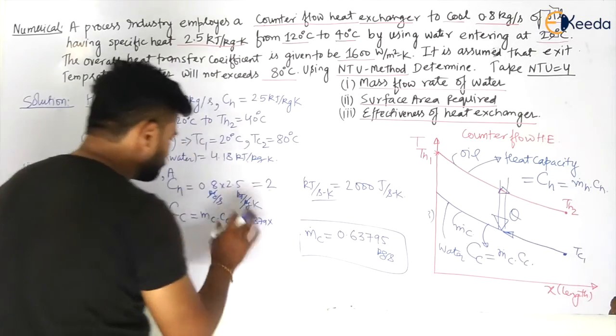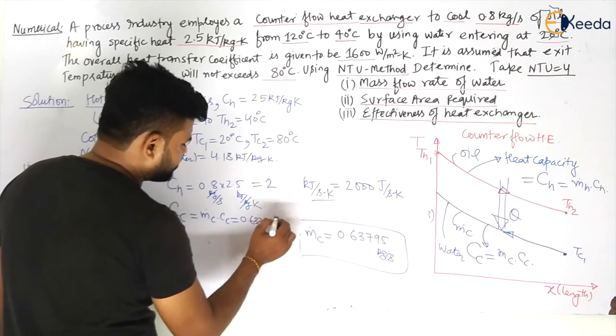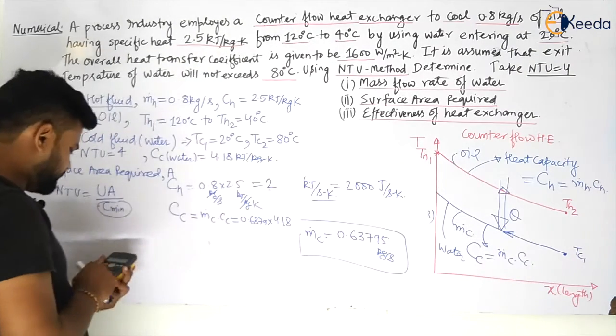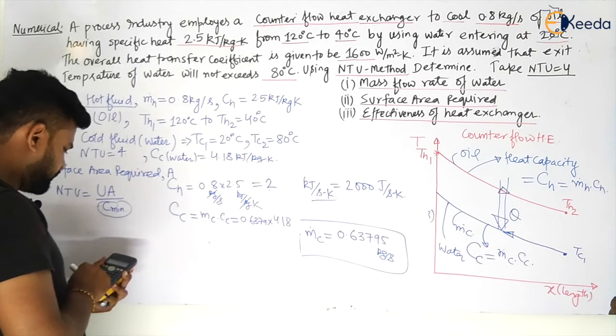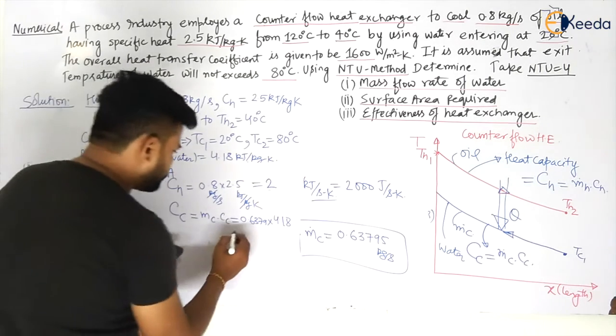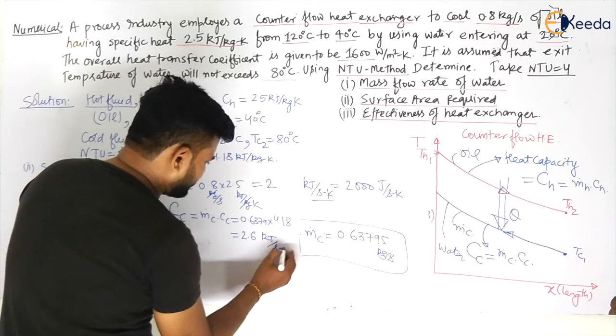Let us see. So this will become 0.6379 multiplied by heat capacity, which is specific heat, which is 4.18. So this is equal to nothing but 2.6 kilojoule per second Kelvin. Very good.